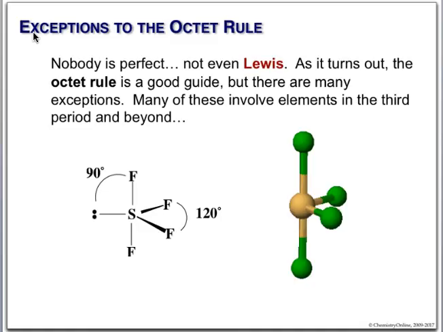This is the compound SF4, sulfur tetrafluoride. This is its geometry. We have 2 fluorines up and down, they're called axial. We have 2 fluorines in an equatorial position and 1 lone pair of electrons. This is what it looks like as a model.